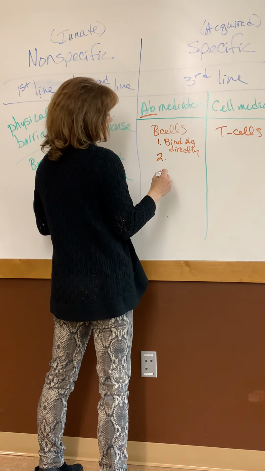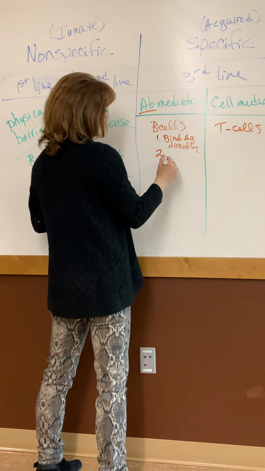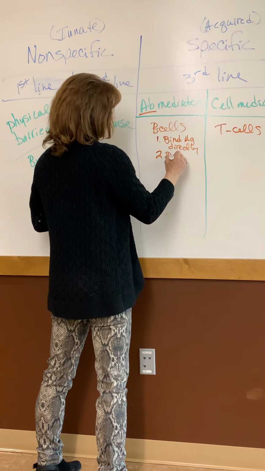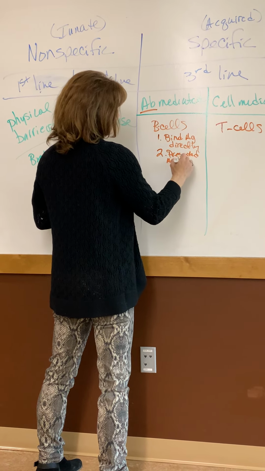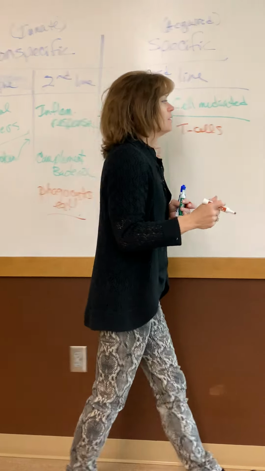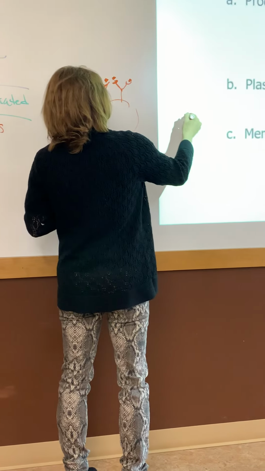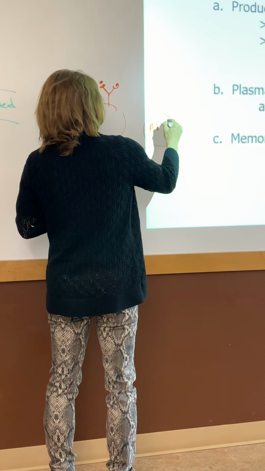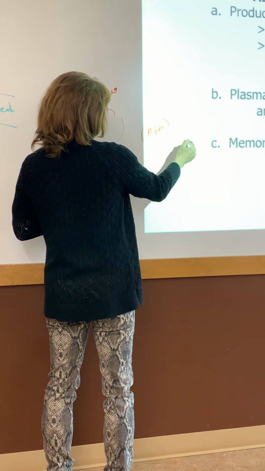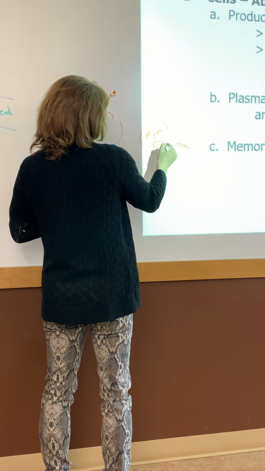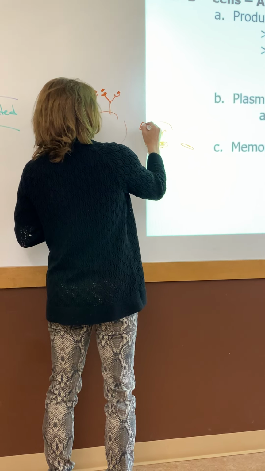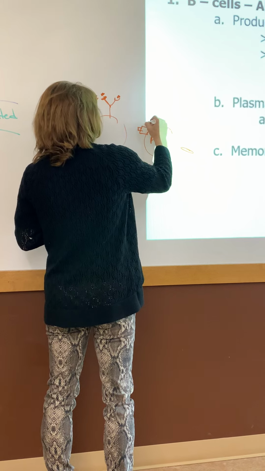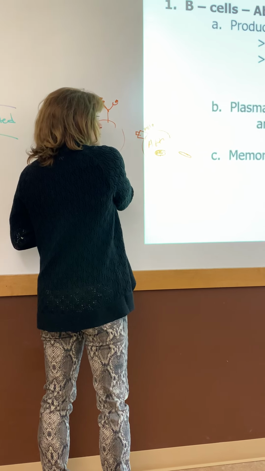Second way that a B cell recognizes the antigen is to be presented the antigen by an APC, an antigen presenting cell. So remember that an antigen presenting cell has phagocytized the antigen, chopped it up into little pieces, and then stuck a piece of that out on the cell surface via that MHC protein.